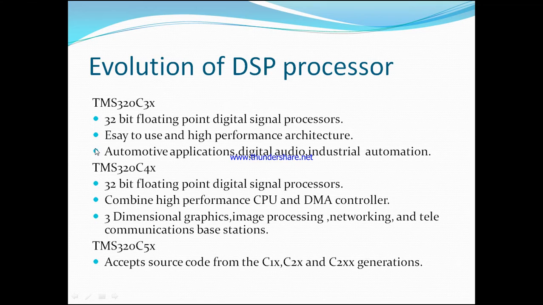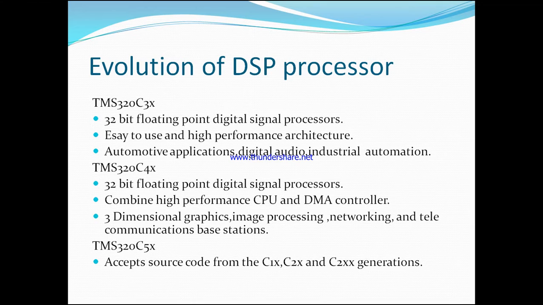The C3X devices provide an easy to use and high performance architecture, and can be used in a variety of areas including automotive applications, digital audio, industrial automation and control, data communication and some office equipment like multifunction peripherals, copiers and laser printers.